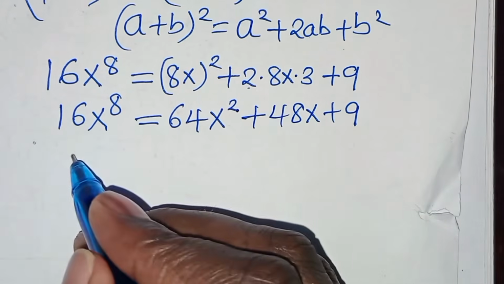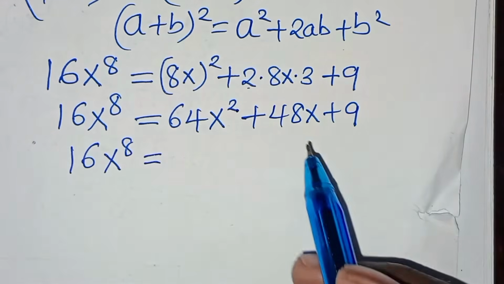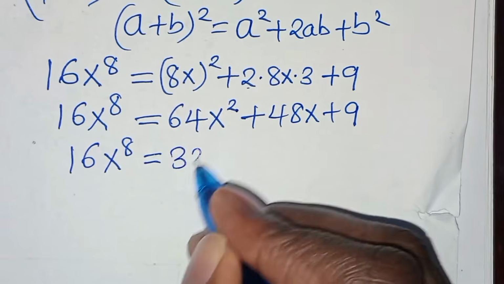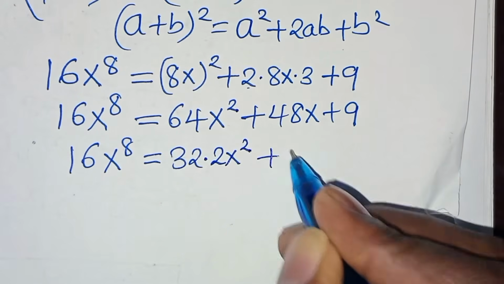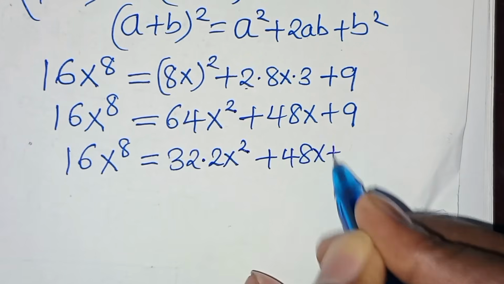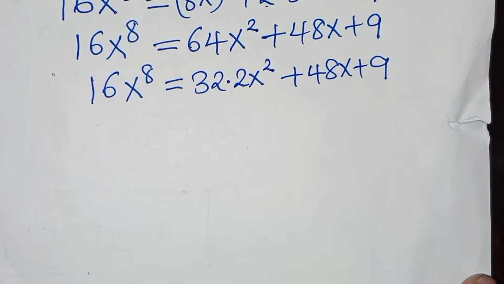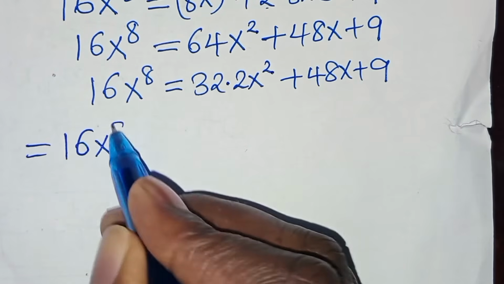Now, from here, we have 16x to the power 8. This is equal to, now we can express 64x to the power 2 as 32 times 2x to the power 2, plus 48x plus 9. Now, from here, we have 16x to the power 8.